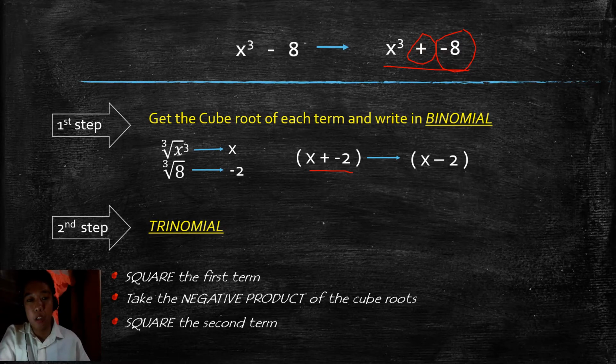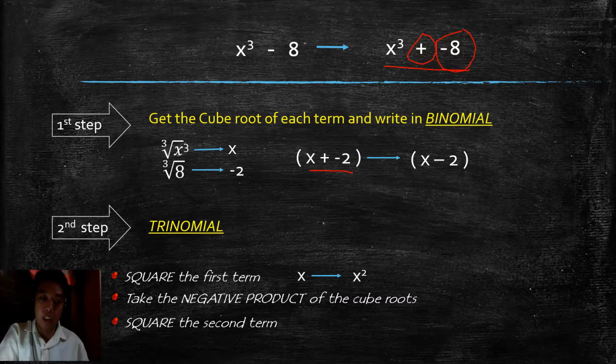Okay. So, gawin muna natin yung una. Square the first term. Dun sa binomial na nagawa natin, yung first term dyan ay x. So, pag nag-square tayo ng term, we're just going to multiply the term to itself. So, x times x, we get x squared. Okay, so next is take the negative product of the cube roots.